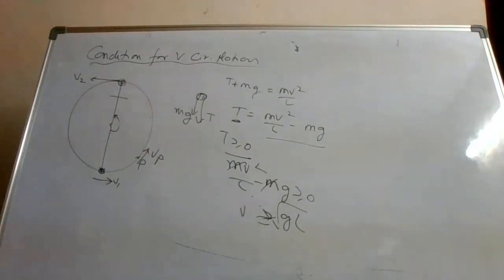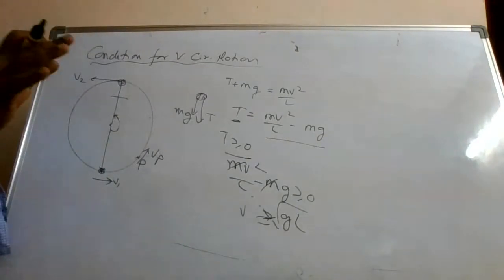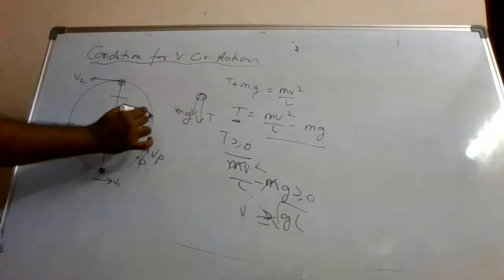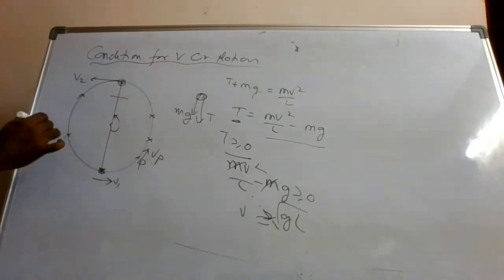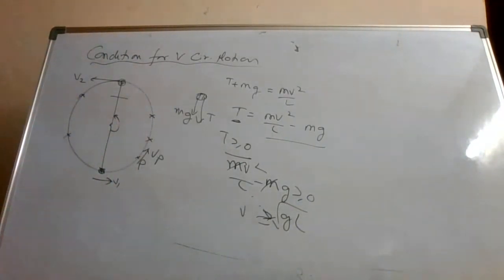So what is the condition I applied? The tension in the string at any point of time, whether the object is here or here or here or here, should be more than 0. That is the condition. Otherwise, suppose the tension is less than 0.